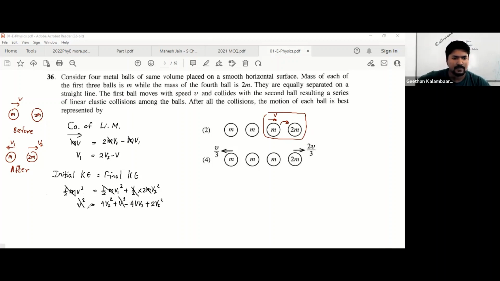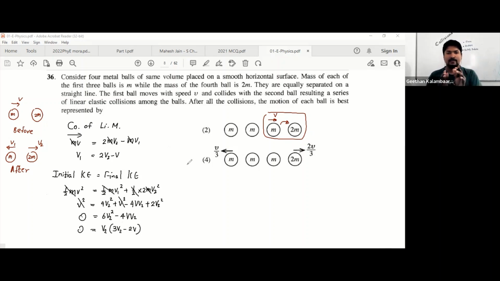What we get now is that 0 is equal to 6v2 squared minus 4v2 v. So we can divide the whole equation by 2, and we can take a v2 out. When you take v2 out, what you'll be getting is v2 times (3v2 minus 2v).